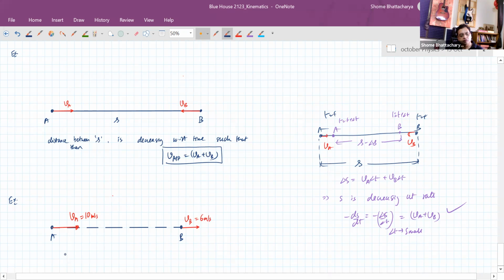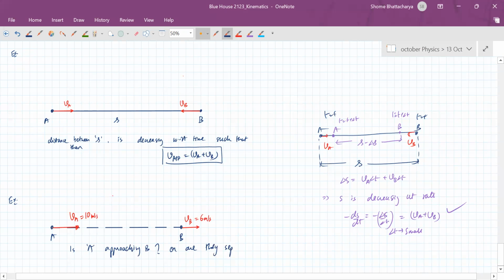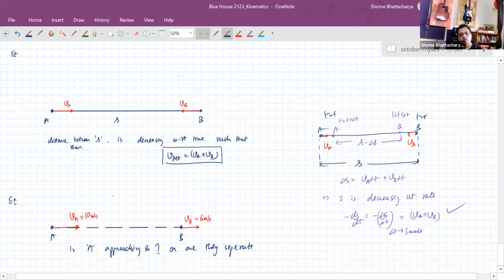So now if I ask, is A approaching B or are they separating? They're approaching, you can say. Okay. And find the approach velocity or the separation velocity, whichever be the case.